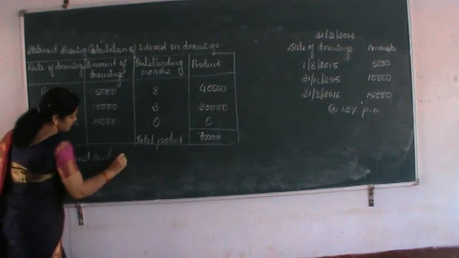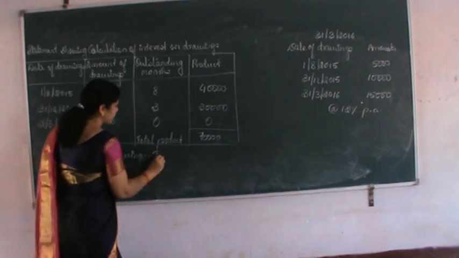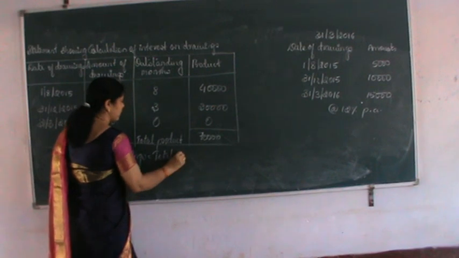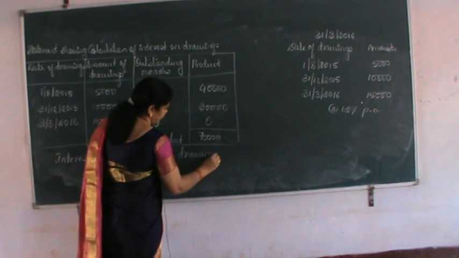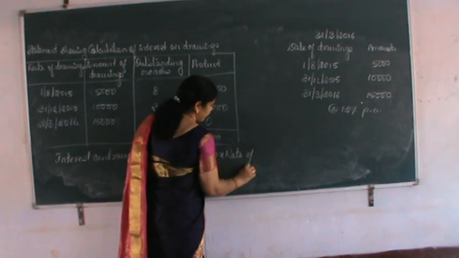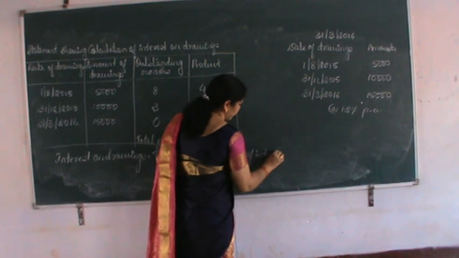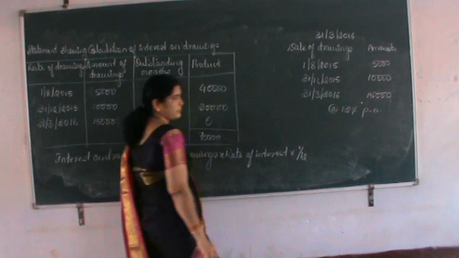Interest on drawings is equal to total product into rate of interest into 1 by 12.